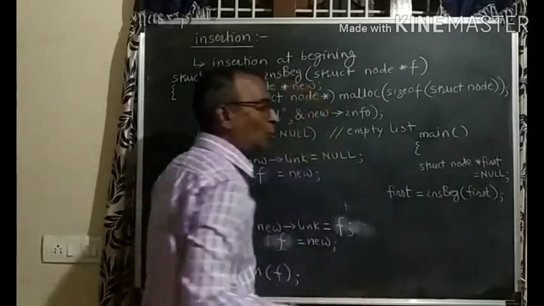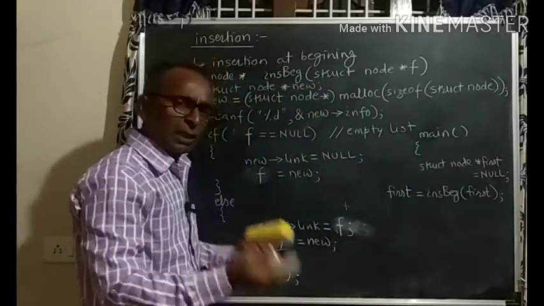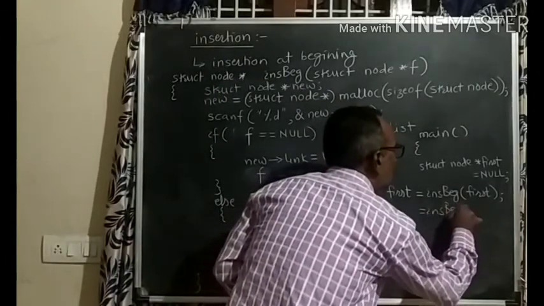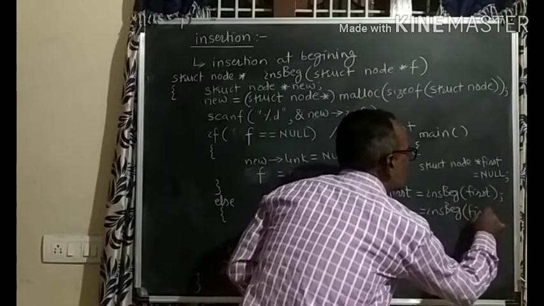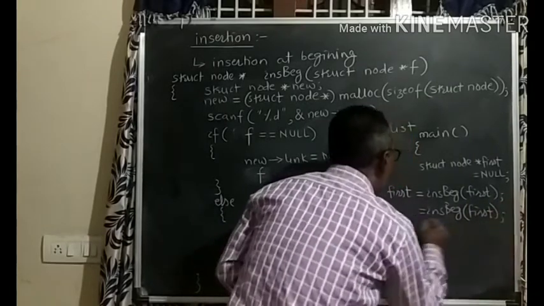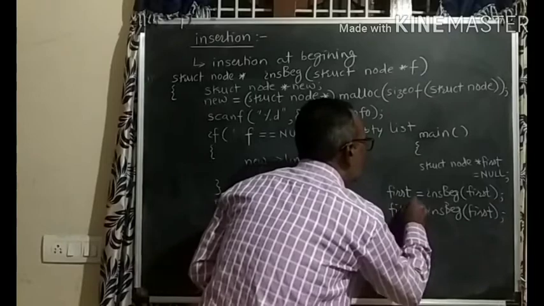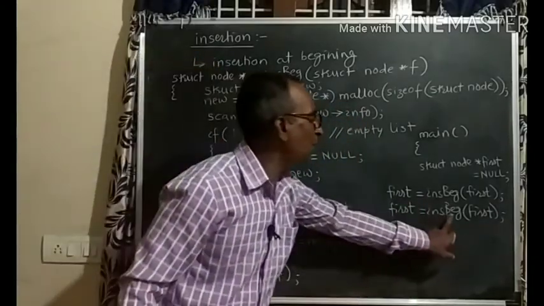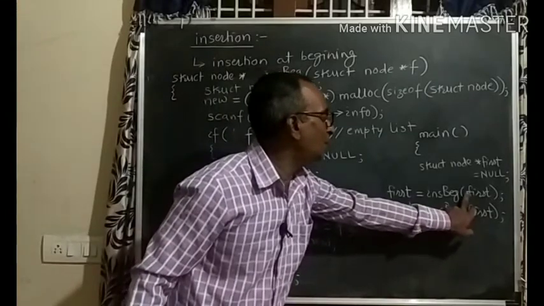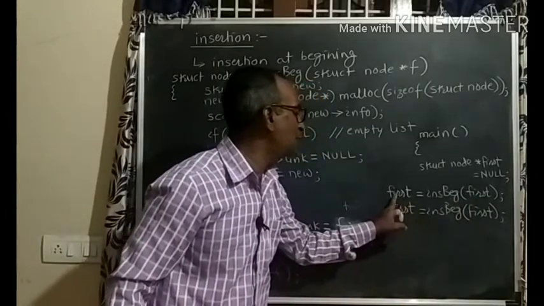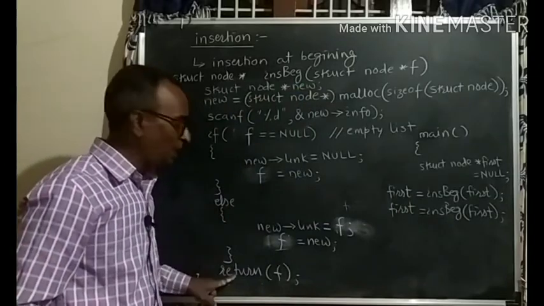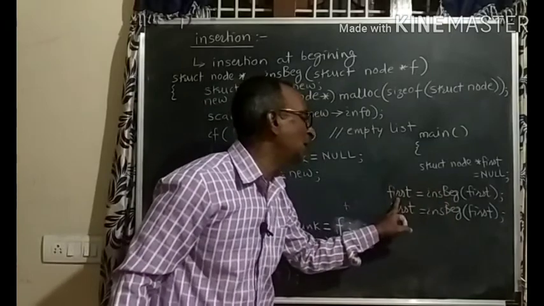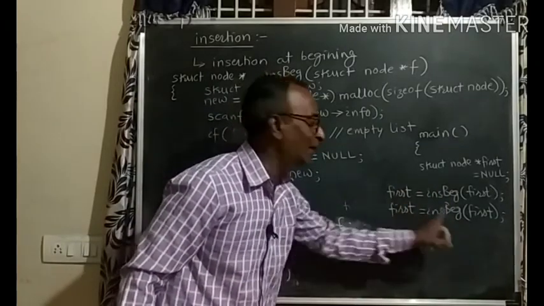Then if I want to insert another time, I'll call insert at beginning again with first. So what will happen for the second call? Now first has been changed, because whatever value f returned, that value will be assigned to first. Now first is not null.